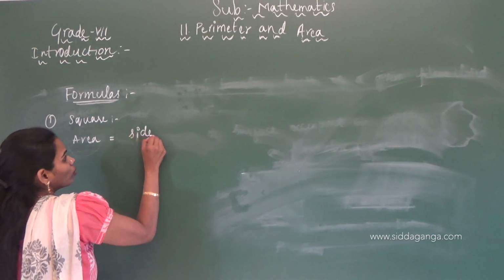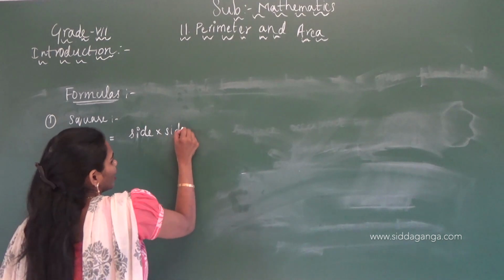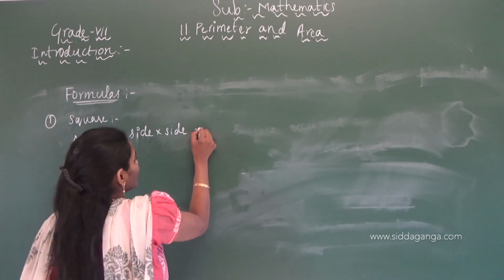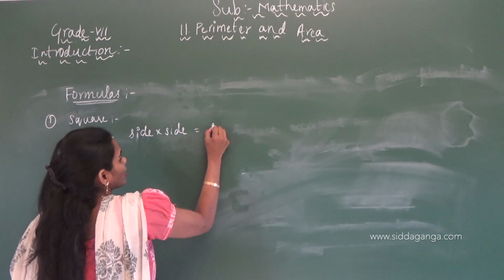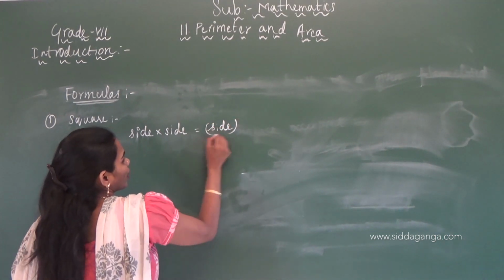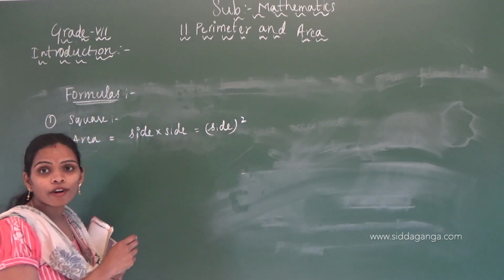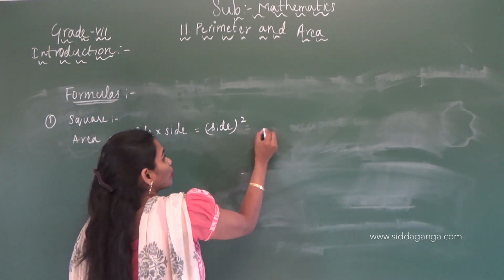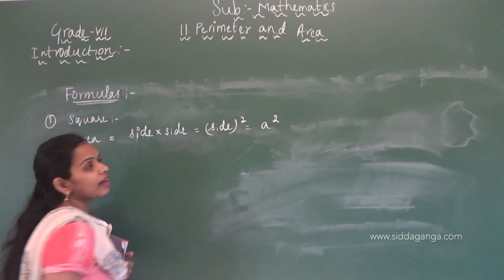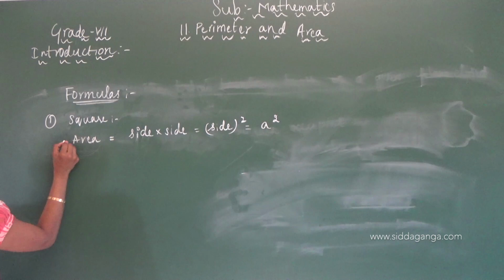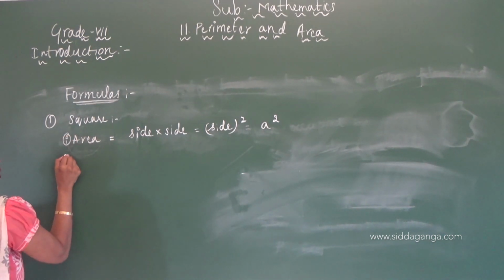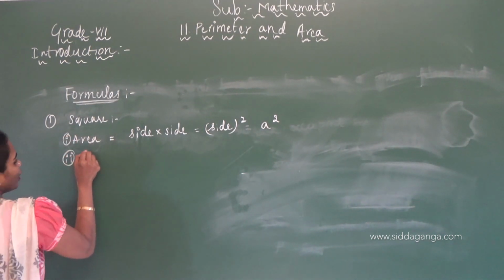Side into side. That is equal to side square. If in place of side you take A, that means A square or S square.